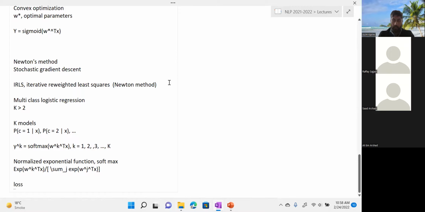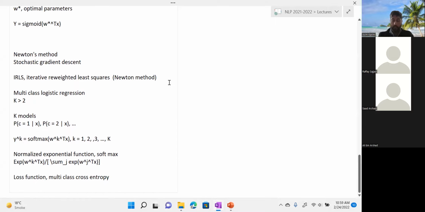और इसमें जो loss function है वो भी similar है, but it's usually called a multi-class cross entropy. ठीक है. So I would not write the formula for it. It's kind of messy, but it is very similar to that.